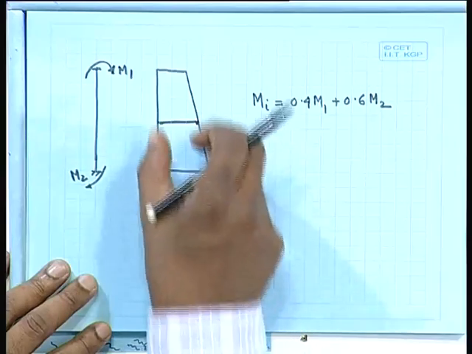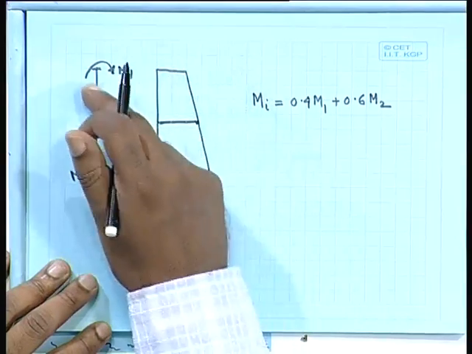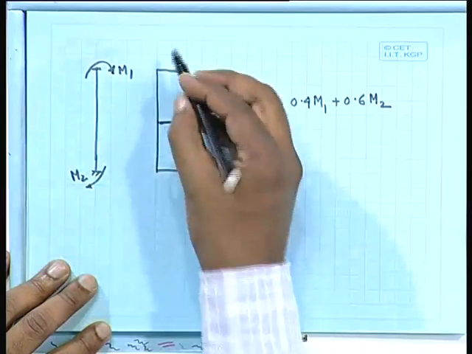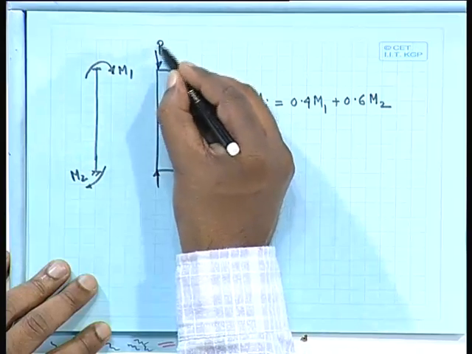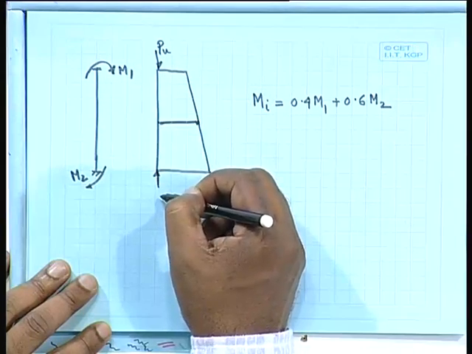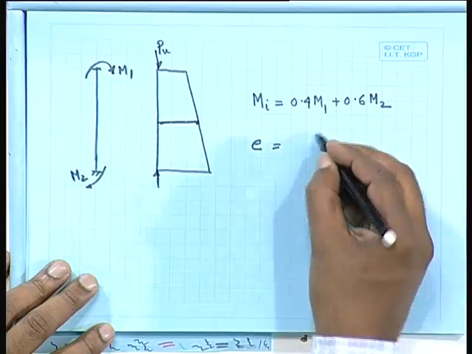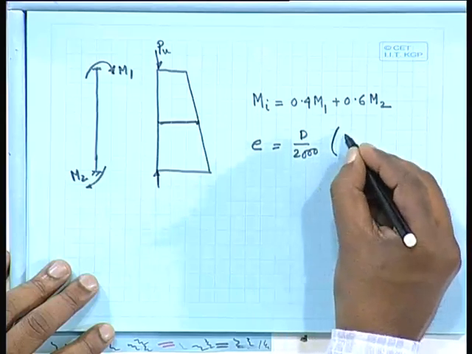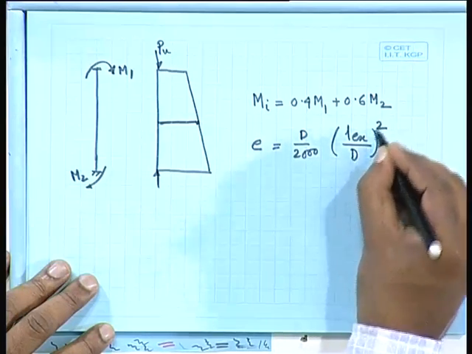So, this one you are getting from your analysis, and now if it is a long column or slender column, you will get the additional moment, whatever Pu is acting here. From that Pu you will find out the eccentricity, which will be equal to d by 2000 times Lex by d whole square, or Le by d, I can consider this one.